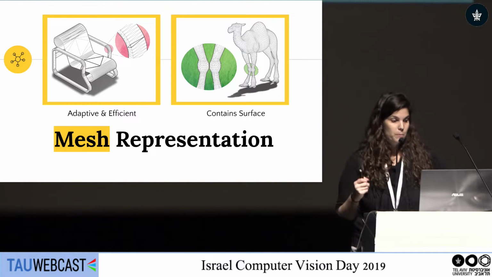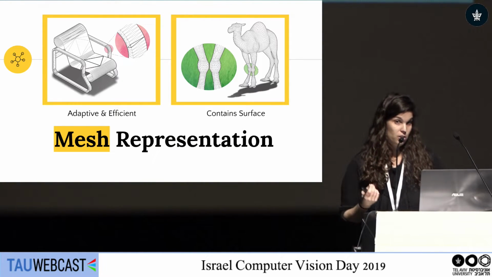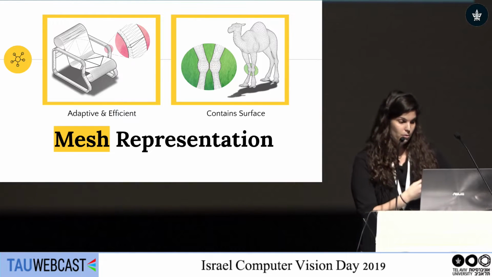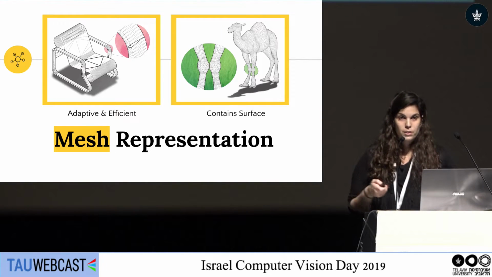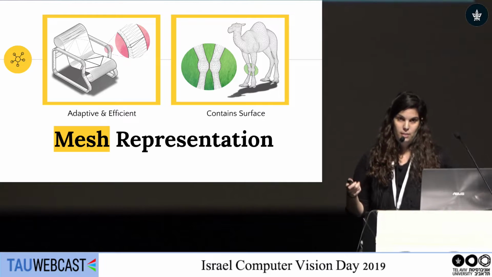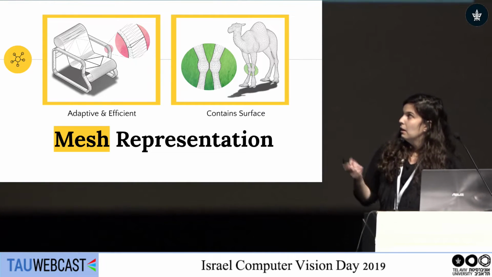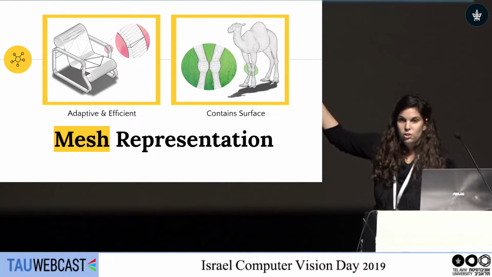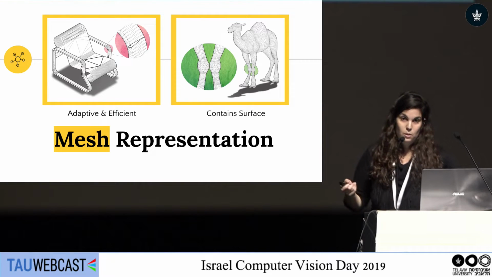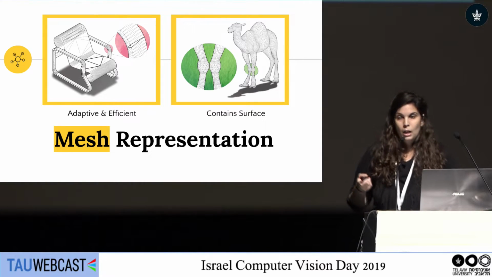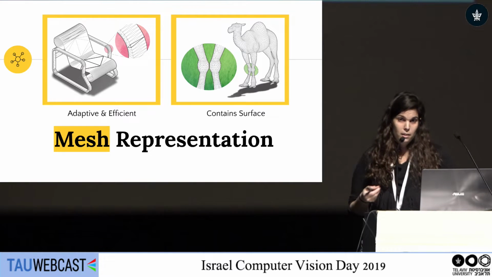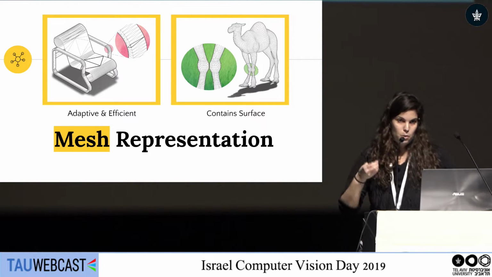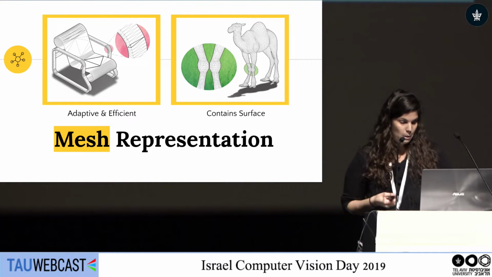The mesh representation has many advantages compared to, for example, the point cloud representation. The first is that it's adaptive and efficient. For example, here the large flat surface is represented with only 2 triangles. However, in more detailed regions, we can use a larger number of triangles to more faithfully portray the underlying surface.